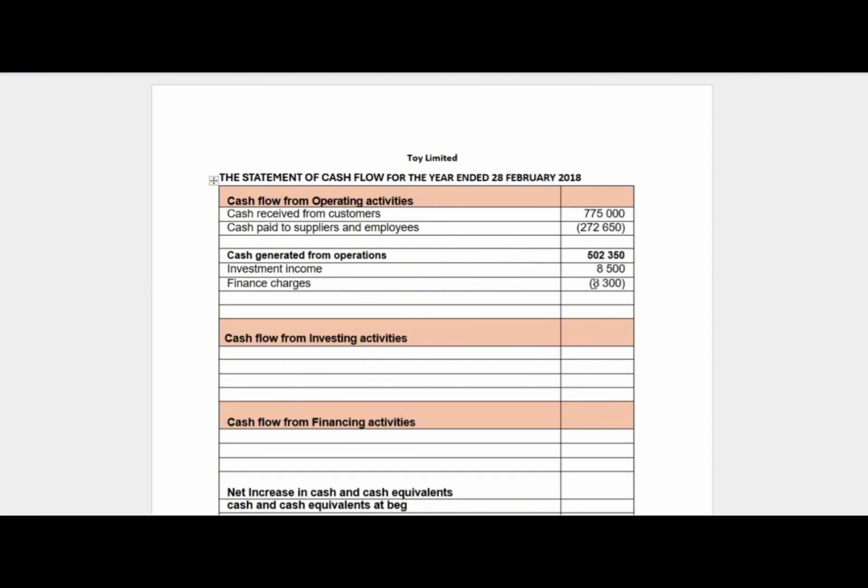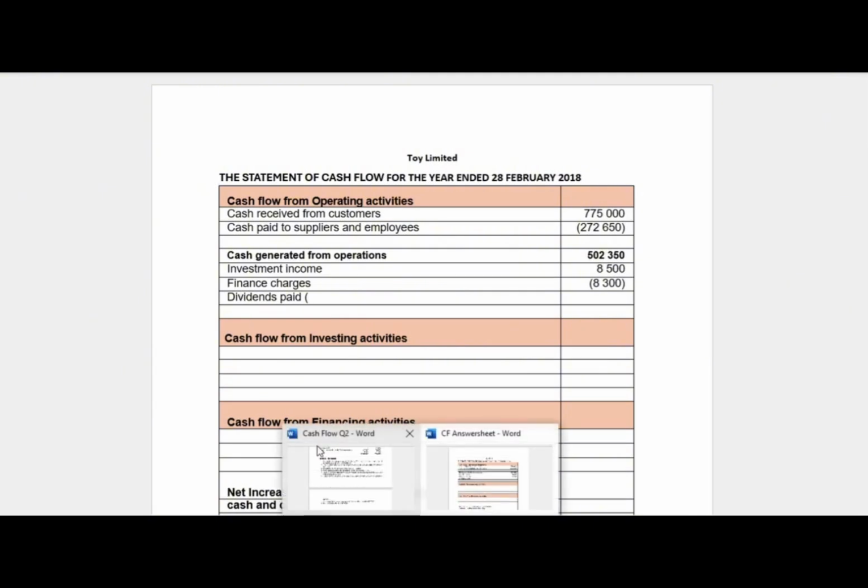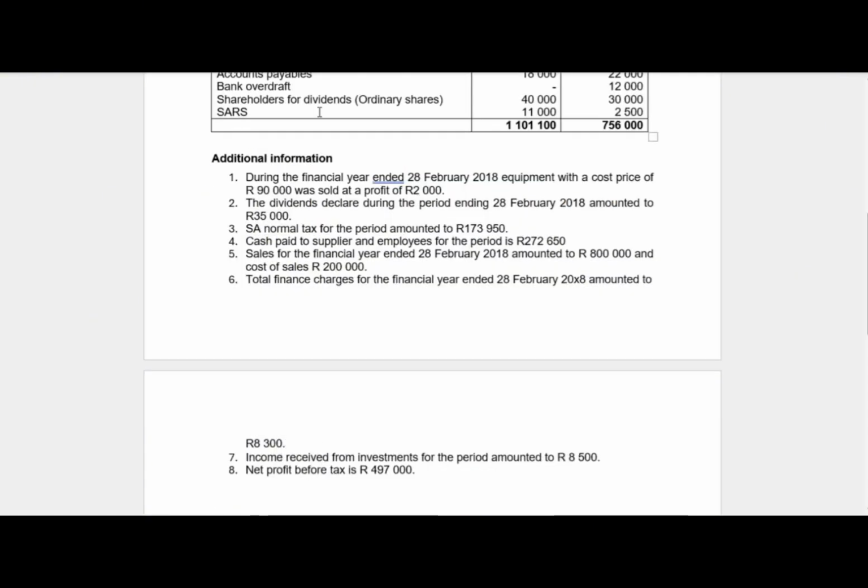And then we have to also calculate what dividends paid. Dividends paid. So dividends paid, remember, you have to do calculations in the brackets there, right? So you have to go and look and check your shareholders for dividends.